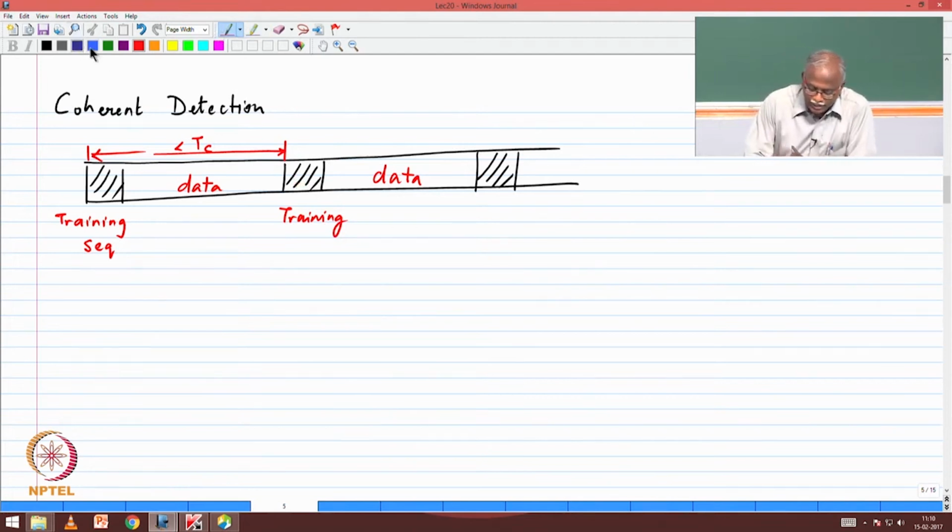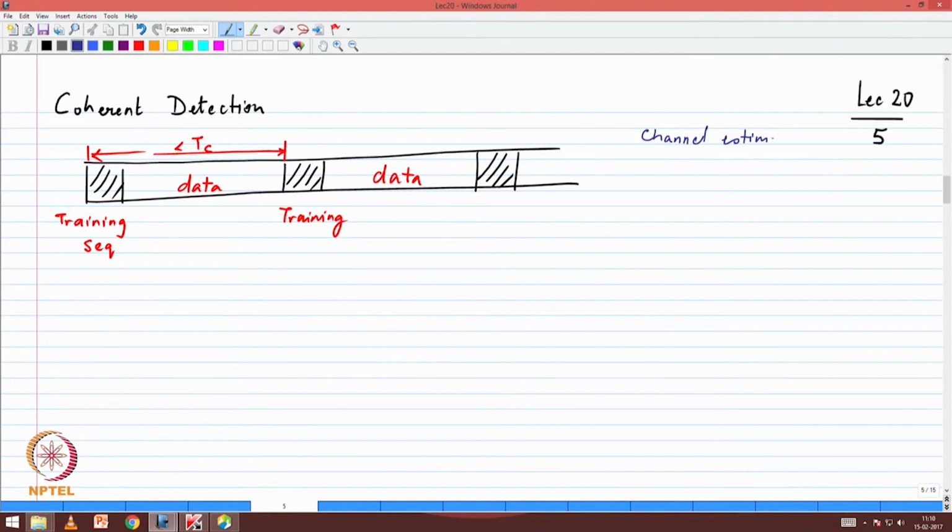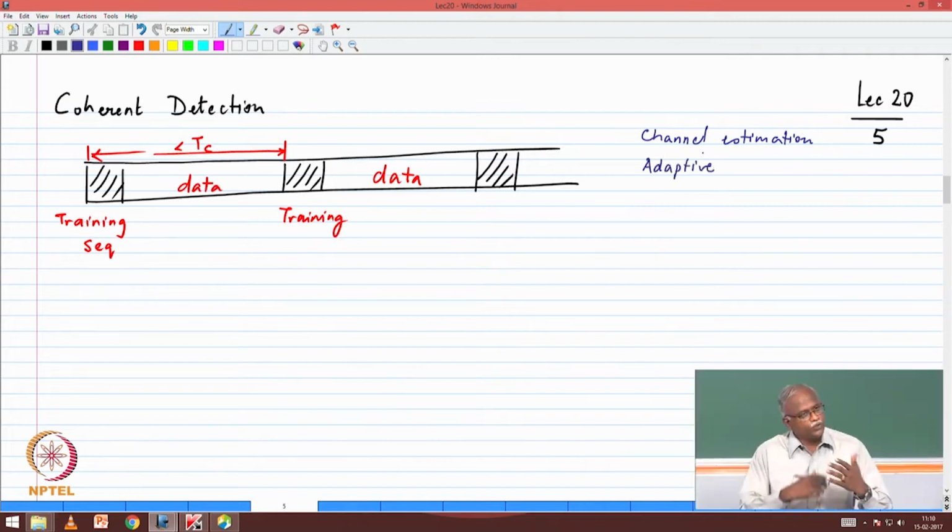Because you are doing channel estimation, and usually this estimation is done using an adaptive algorithm. In adaptive algorithms, you go through a process called training, and that's why it is called a training sequence. So adaptive channel estimation is what you would typically use, also known as training of your channel estimates. That is where the original name comes from, but again, it's overhead.